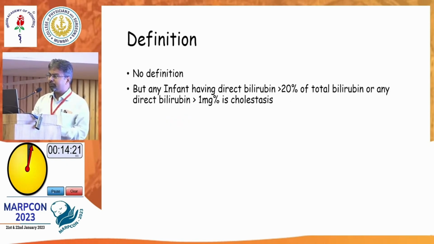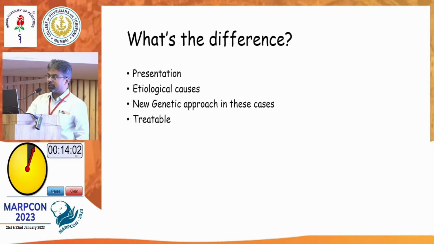So there is no formal definition of infantile cholestasis. Anything beyond 2 to 3 months up to 1 year of age, having a direct jaundice of more than 20%, which we extrapolate from the neonatal cholestasis definition, is what I mean by infantile cholestasis. But what is the difference? The difference is in the presentation.